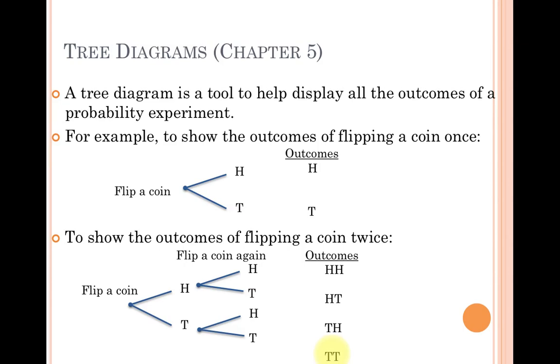So you can see when you have more events as part of your experiment, so two events in flipping the coin, flip the coin once and flip it again, the more events, the more branches from the tree diagram, and then the more outcomes we see in this last column. And there is a relationship between the number of outcomes that appear and the number of events.